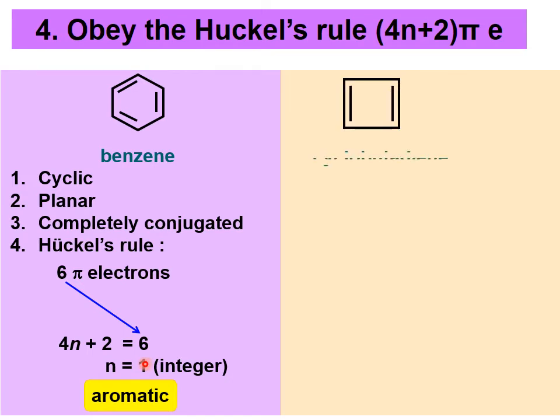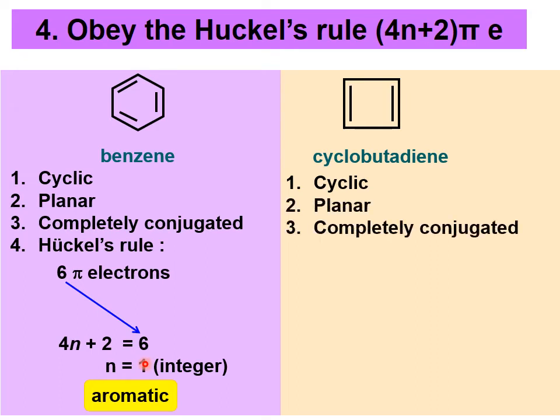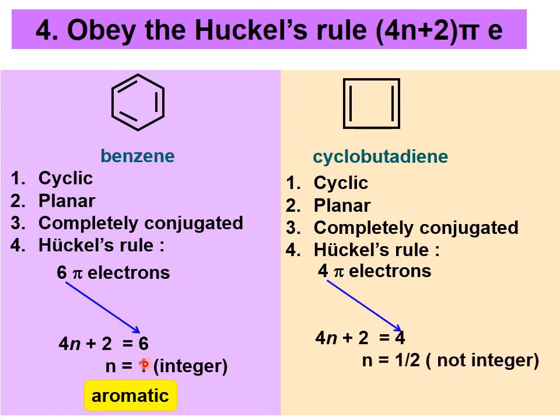For this structure, cyclobutadiene is cyclic, it's planar, and it's also completely conjugated. Now we are going to try Huckel's rule. You have 2 pi bonds, so that is equal to 4 pi electrons. We apply the rule: 4n plus 2 is equal to 4 pi electrons.